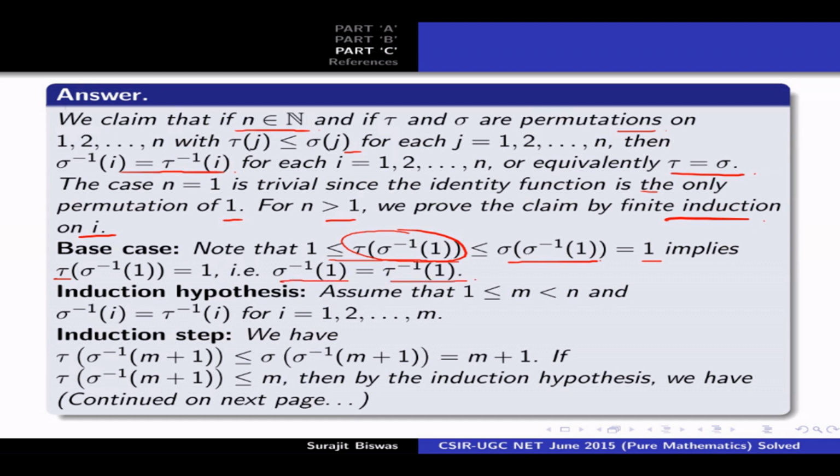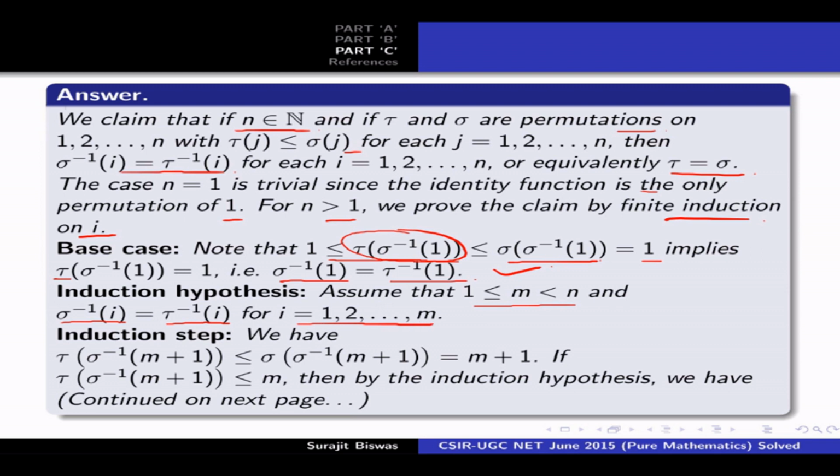So for i = 1, the base case is established. Now this is the induction hypothesis: assume that 1 ≤ m < n, and that sigma inverse of i equals tau inverse of i for i = 1 up to m. Now the induction step that we have to prove.